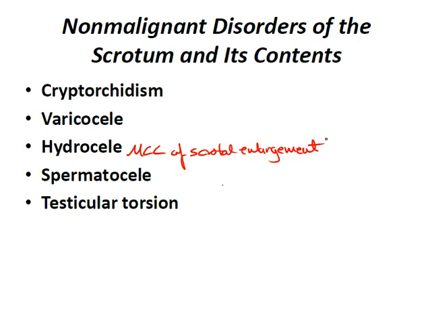Okay, so the tunica vaginalis fails to obliterate proximally, which leads to peritoneal fluid that can fill and cause distension.